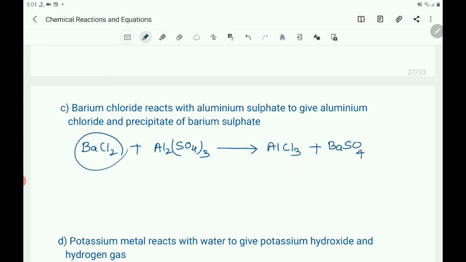Here barium chloride reacts with aluminum sulfate to give aluminum chloride and barium sulfate. This is a precipitate, means solid. And BaCl2 is an aqueous solution.